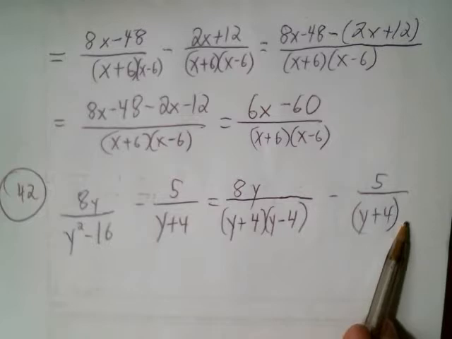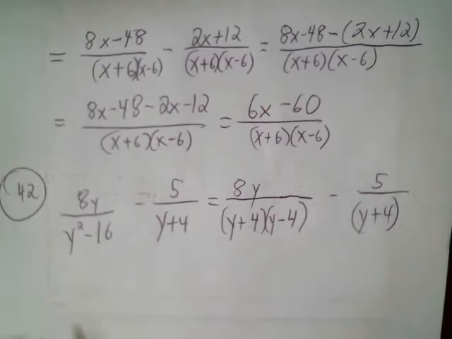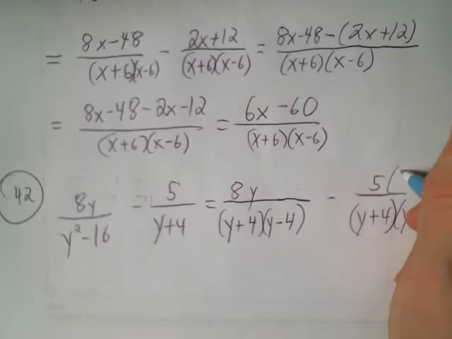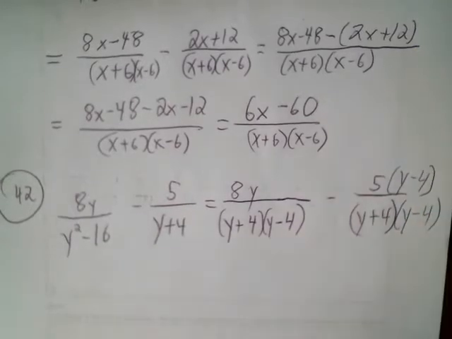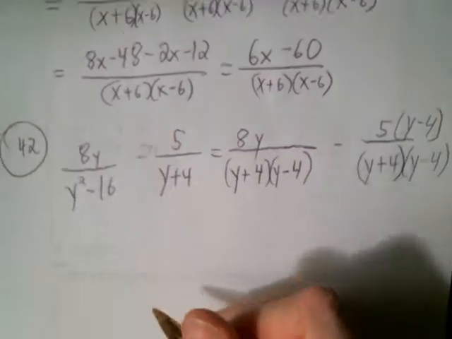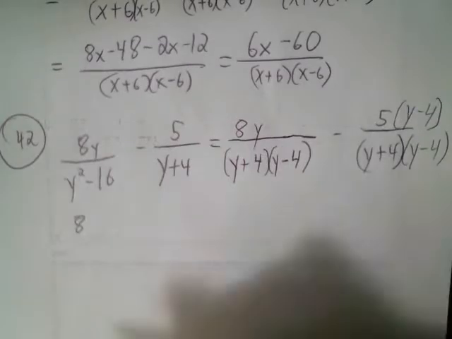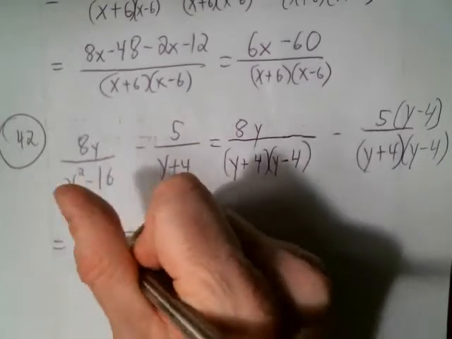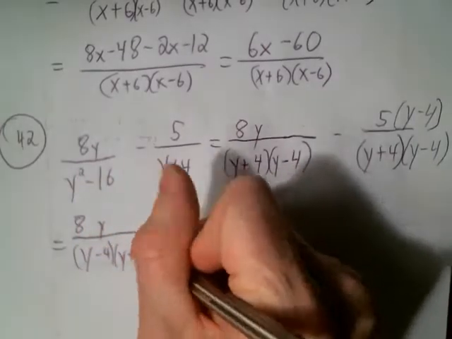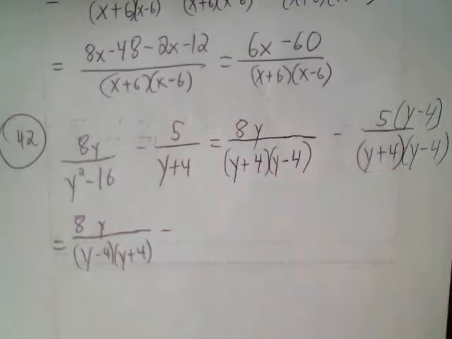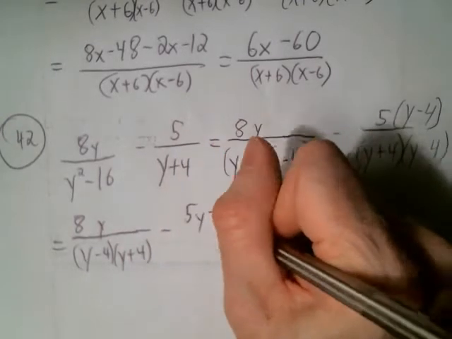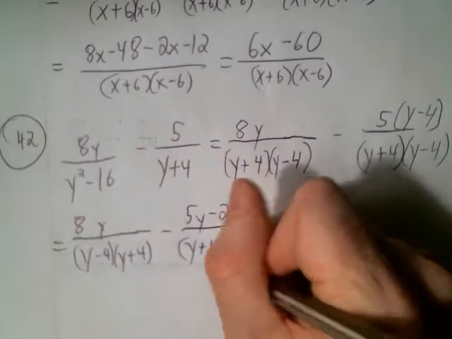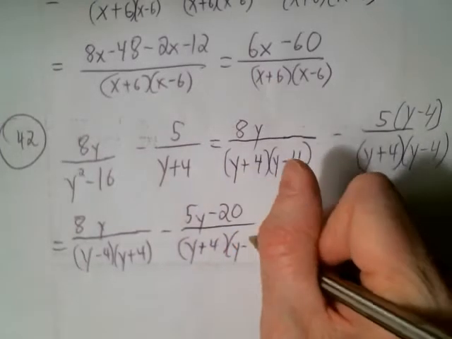So this denominator is missing the y minus 4, so I'll need to multiply in y minus 4, y minus 4. And then I think I'll be good from there. So 8y all over y minus 4, y plus 4, minus 5y minus 20 all over y plus 4, or if you'd rather y minus 4, y plus 4, it doesn't matter.